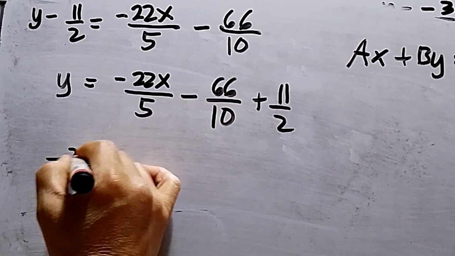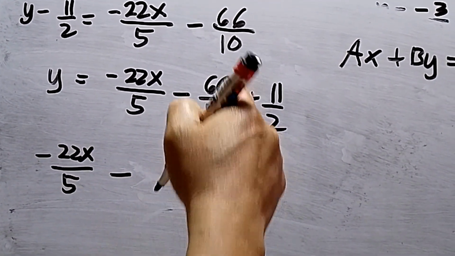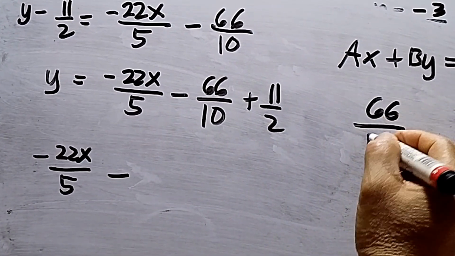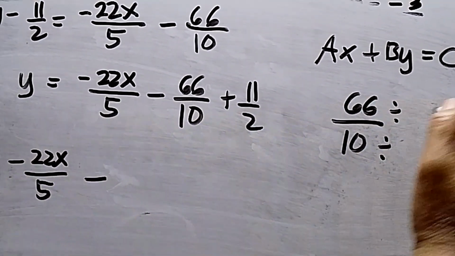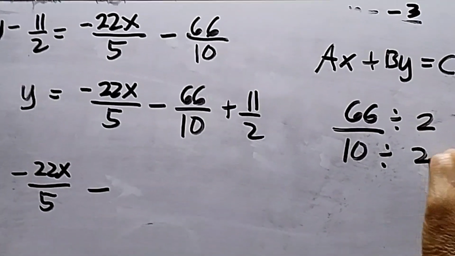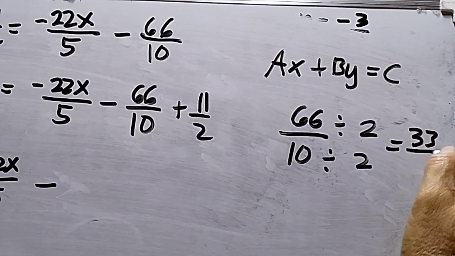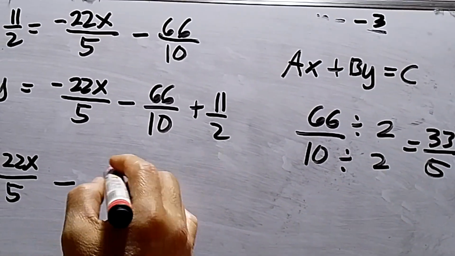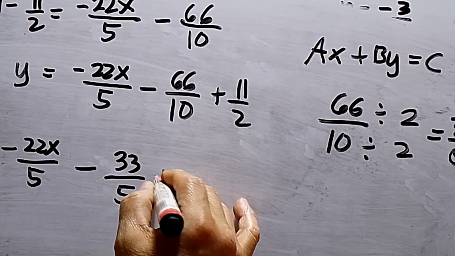So this will be negative 22x over 5. Then I think we can reduce 66 and 10 by dividing by 2. So this will be 33 over 5, and then this will be 11 over 2.